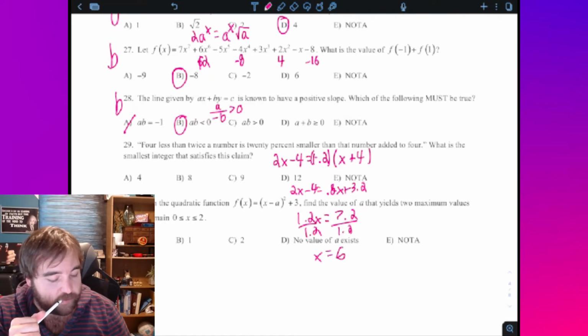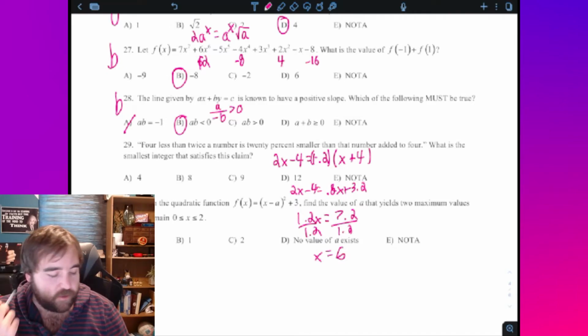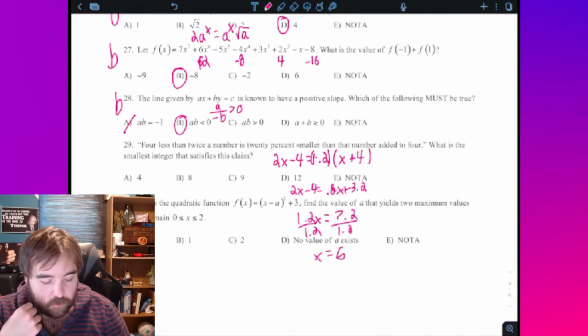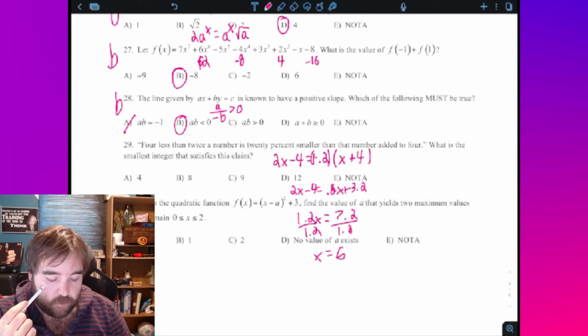I like all of that technique. It's 20%. I'm just going to try the different answers. So I plug in 4. 4 less than twice the number is 20% smaller than that number added to 4. 8.